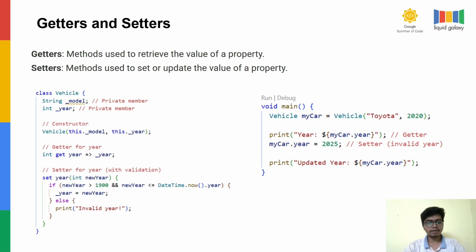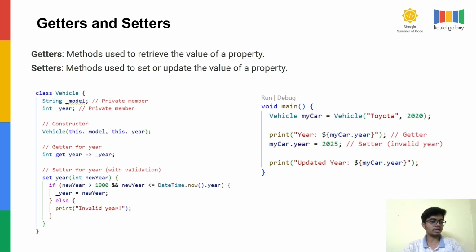Okay, so basically I have created an instance of a class and am storing it in my car variable, initializing it with Toyota and 2020 as model and year, and I'm printing the year. As the year is a private member, I have to use getters. As I have created one getter here, we are able to access the year variable of the myCar instance.